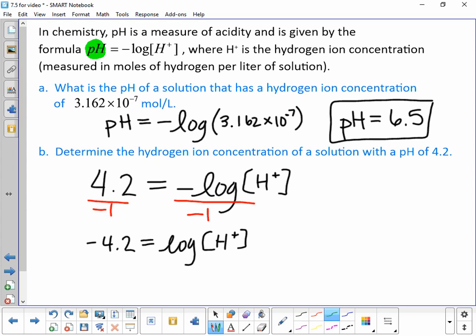Well, this is a base 10 log. Remember when the base is not written, it's base 10. So if we rewrote it, 10 to the negative 4.2 power is equal to the hydrogen ion concentration. And that's what we're trying to find.